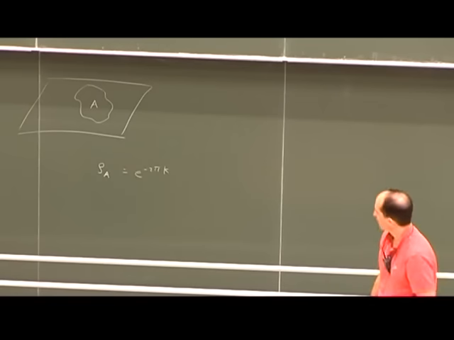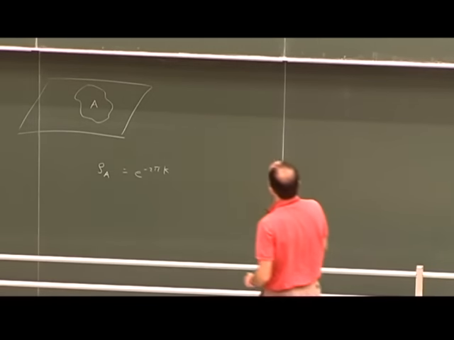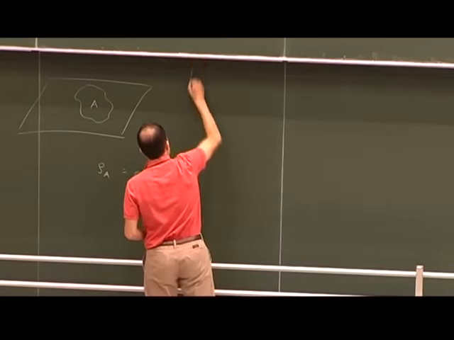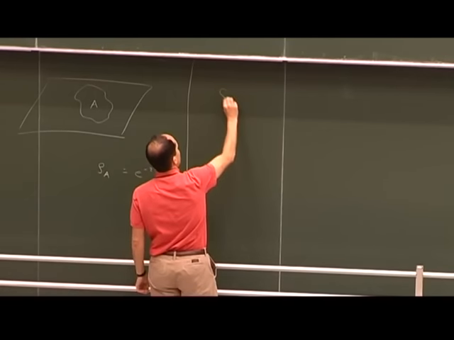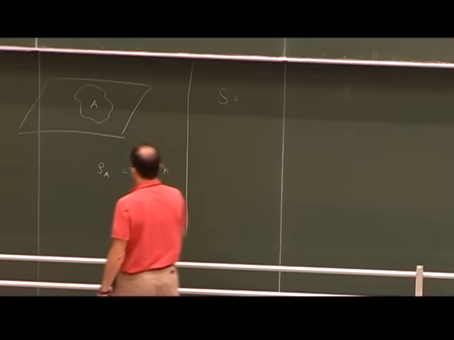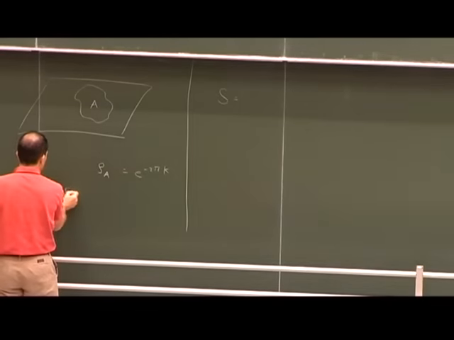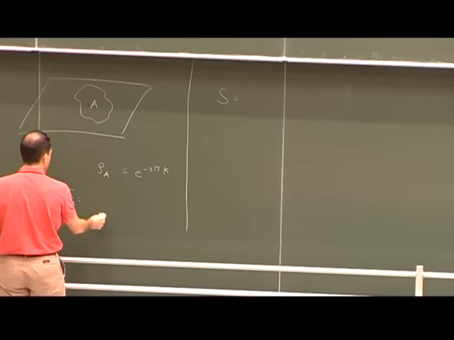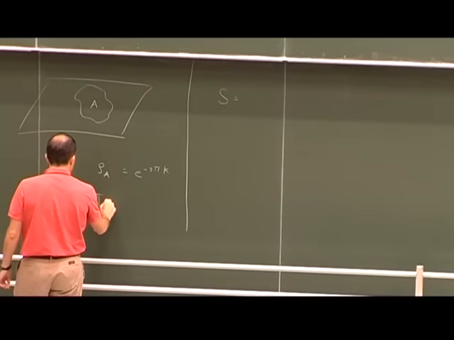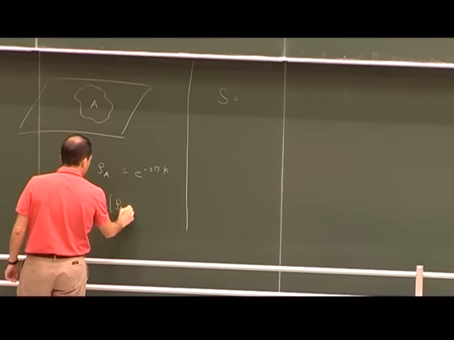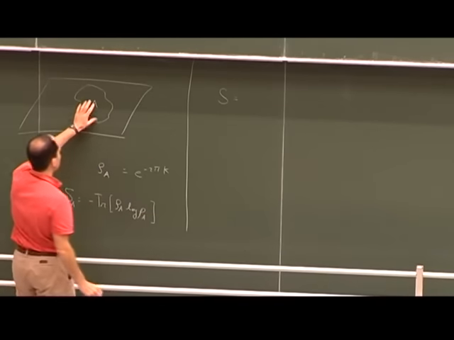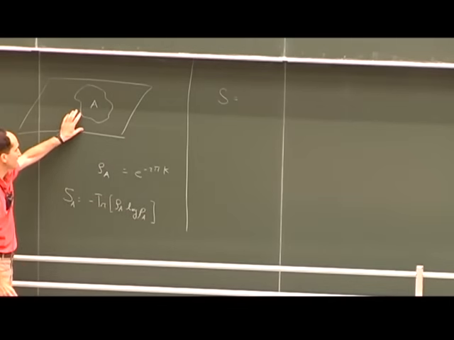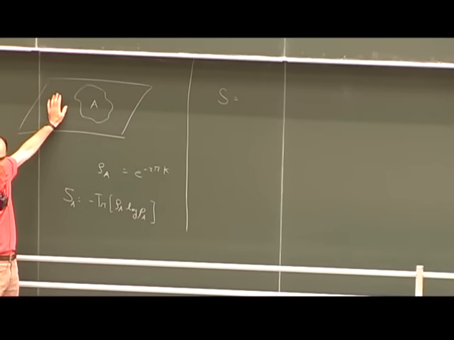Okay, so as a way to quantify this effect, or the mixed nature of this density matrix, we can calculate the entropy associated to this density matrix, and we can do that for a general region. So we can assign an entropy S_A to this density matrix, and we can do this for any region and any state of a quantum field theory, even if the initial state in the quantum field theory was thermal. For example, you asked me about a thermal state.